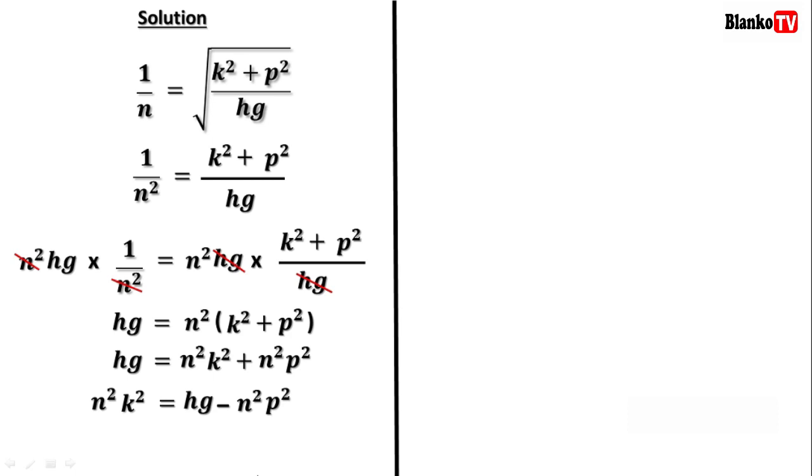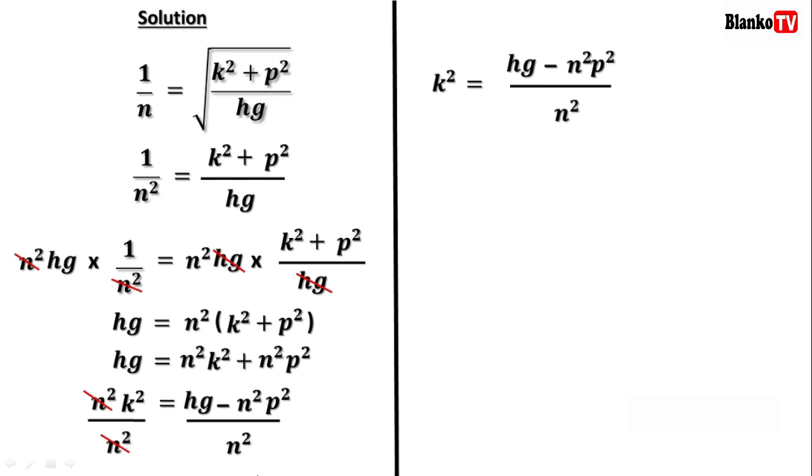Do you understand? So we divide the left hand side by n square and the right hand side by n square. n square cancels n square on the left hand side, so k square is now equal to hg minus n square p square over n square.